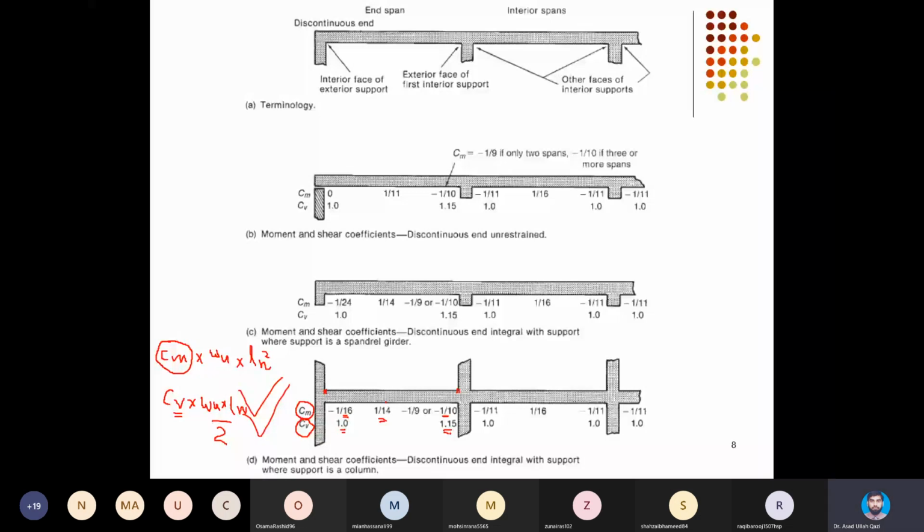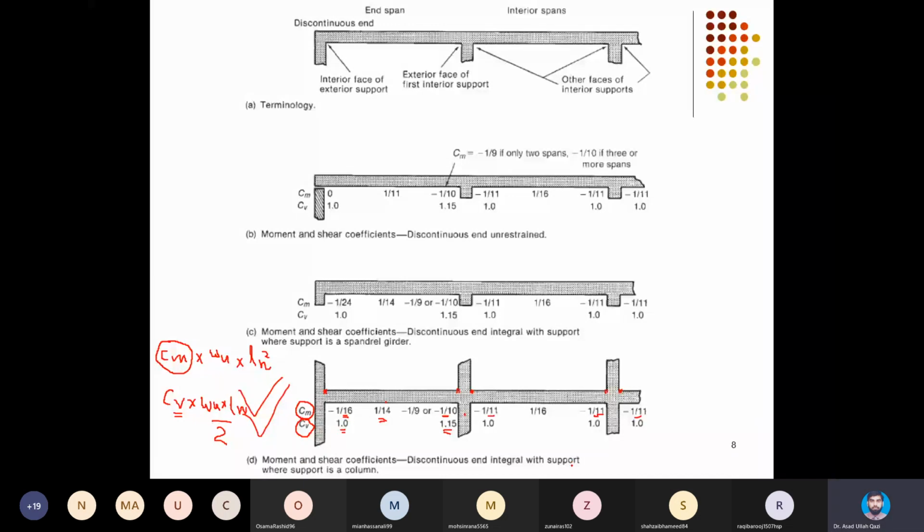And for all other interior faces of interior supports, hogging moment coefficients are 1 over 11, 1 over 11, 1 over 11.